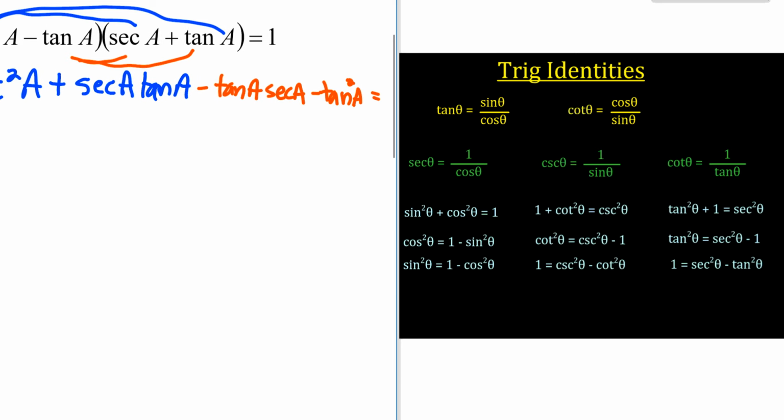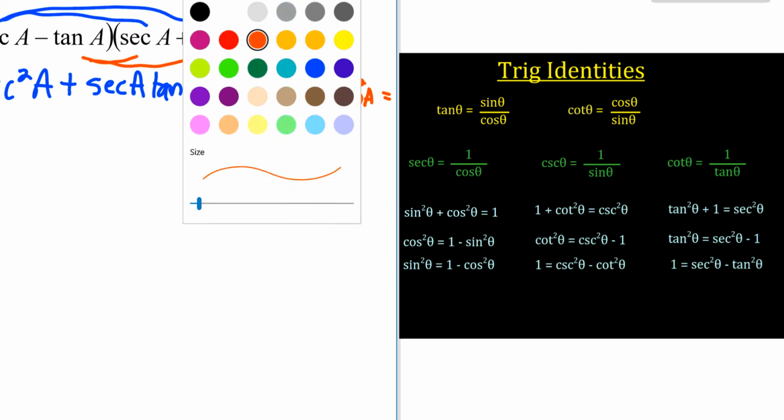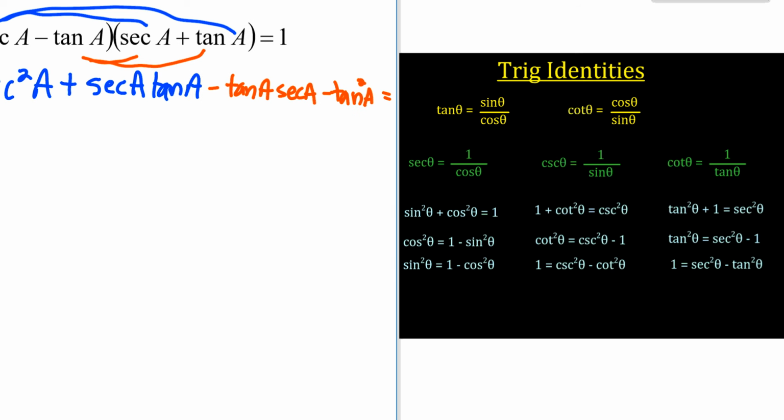If you notice, this and this are the same, except one's positive and one's negative. It's secant A times tangent A, and it's tangent A times secant A. Since multiplication is commutative, those two are the same, but since one's positive and one's negative, they basically just cancel out.